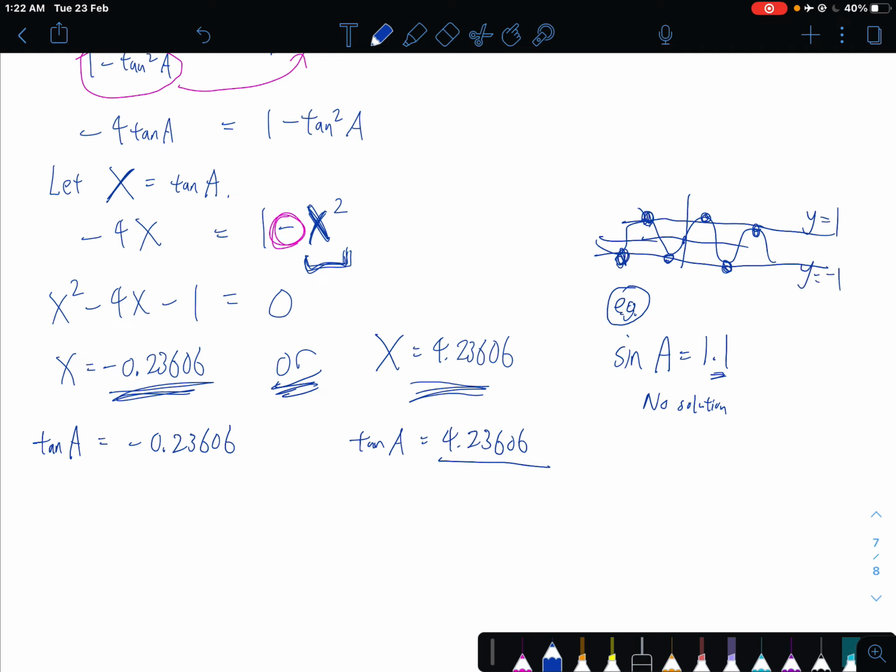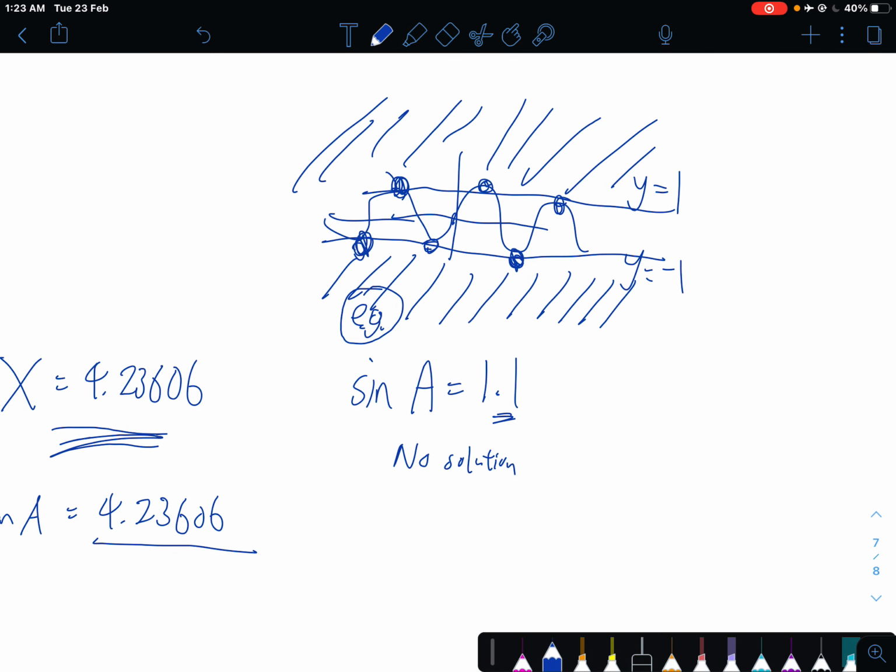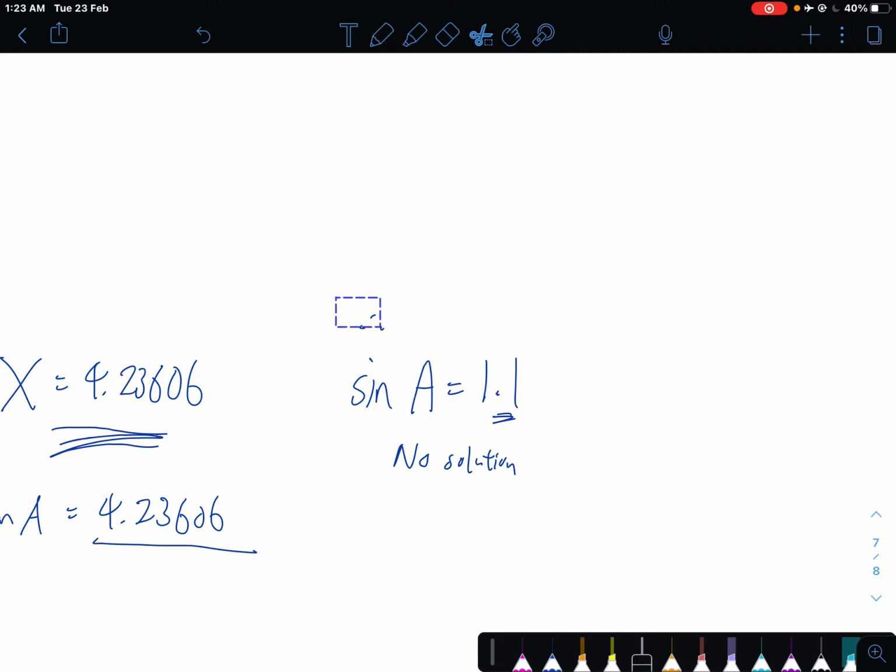There is no part of the graph that goes above 1. This part here and this part below is empty, meaning that you cannot have sine of A equal to something more than 1. If you are trying graphically, what this means is that you have y equals sine A and you have y equals 1.1.